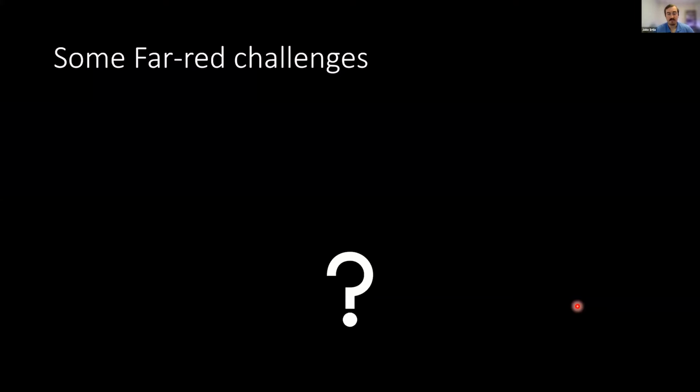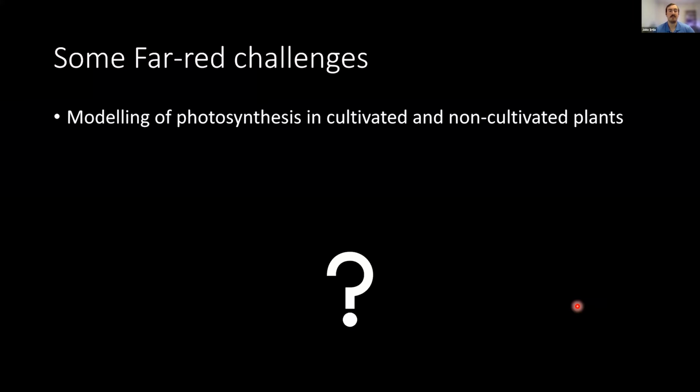So some of the challenges of far red, just to outline before I get into the data: we don't really have a good model for photosynthesis in either cultivated or non-cultivated plants that include far red as one of the major inputs to those models. We've almost ignored it to an extent.